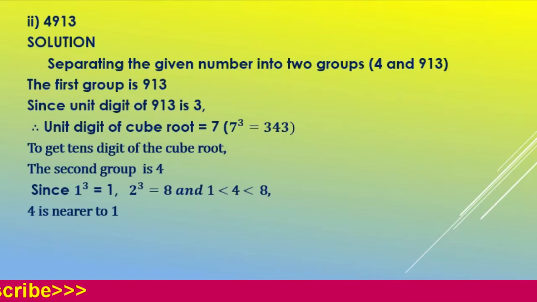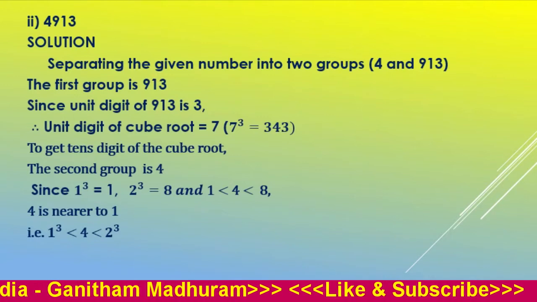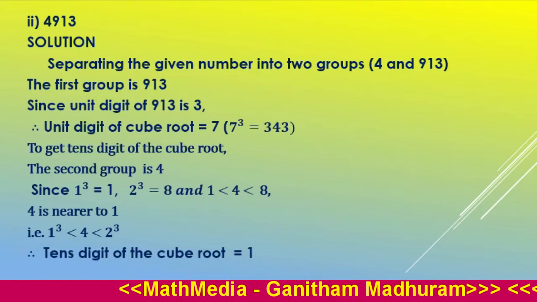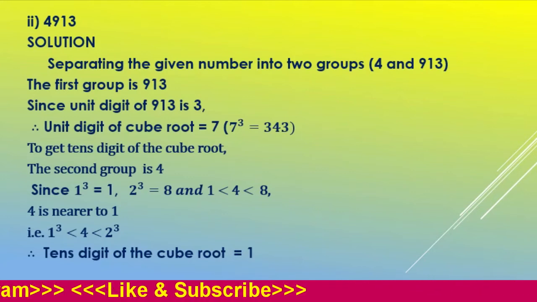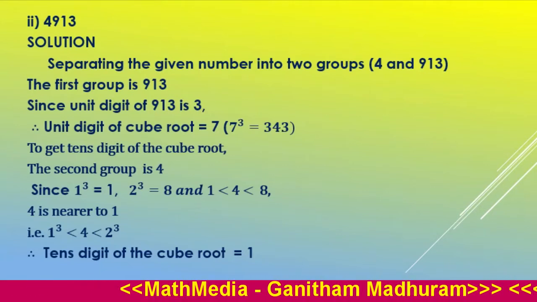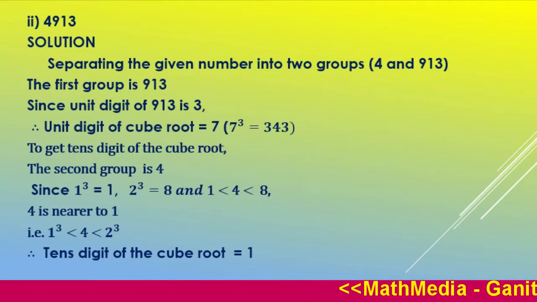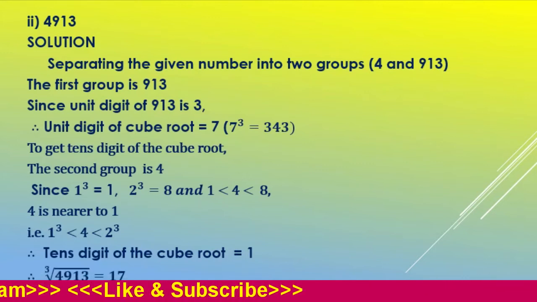Hence we take the cube root of 1. That is our tens digit of the cube root. Hence the tens digit of the cube root equal to 1. Therefore, the cube root of 4913 is 17. Is it clear?